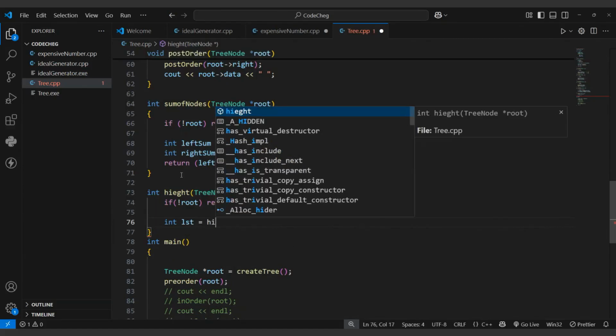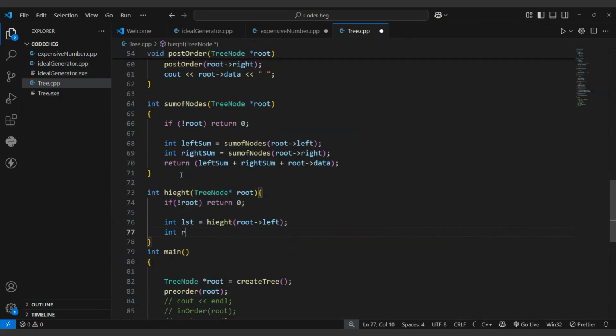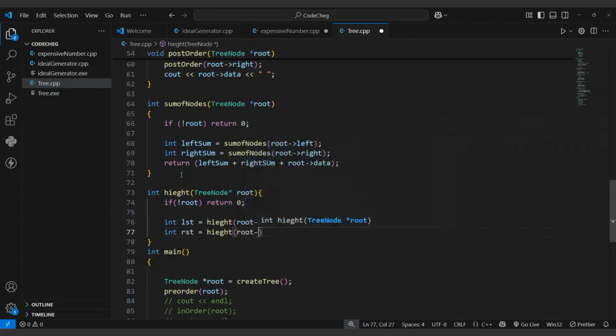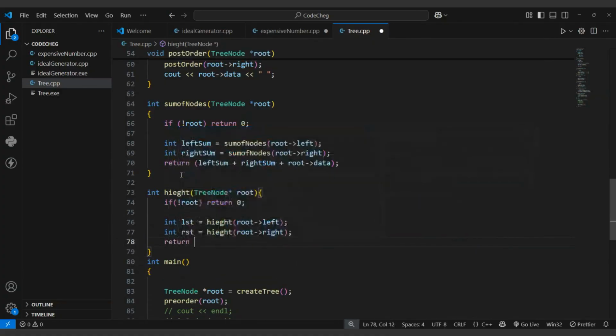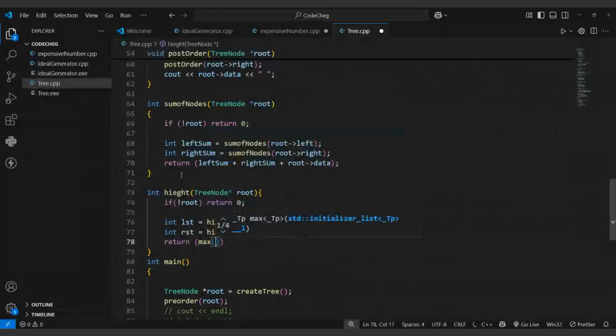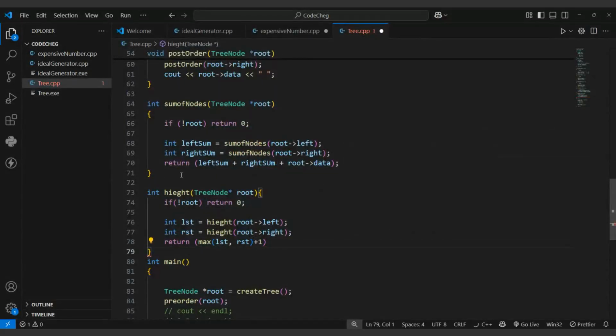Find the height of the left subtree from the root of left. Then find the height of the right subtree from the root of right, and return max of LST, RST, plus 1.